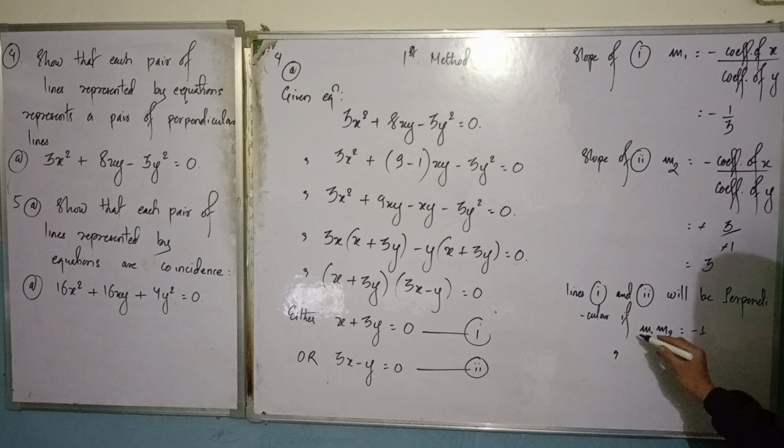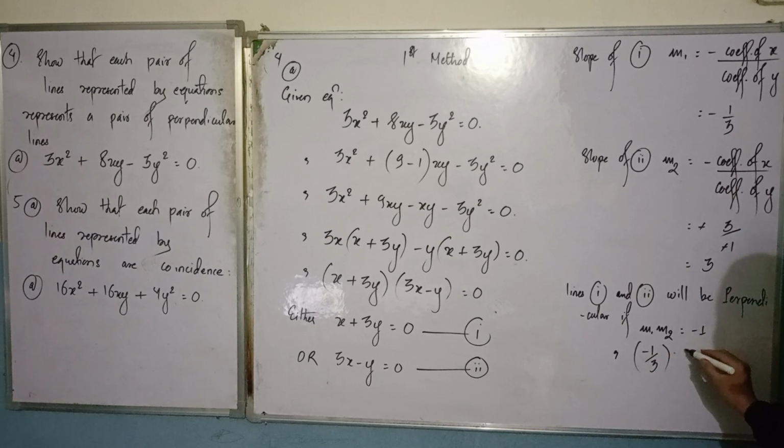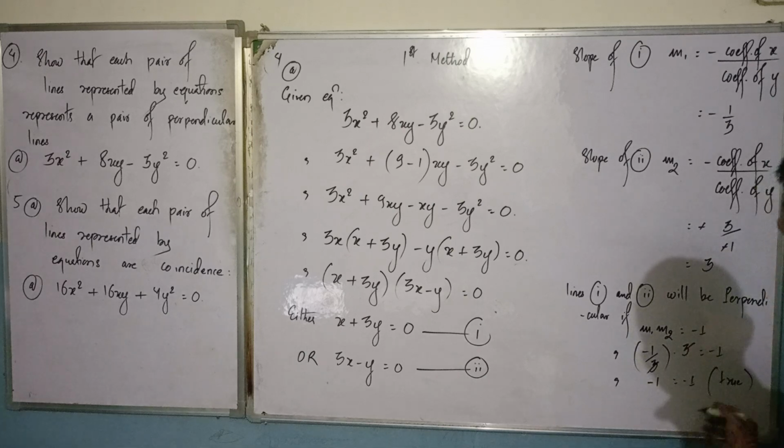So in this case, try to satisfy this condition. m1 is minus 1 by 3 and m2 is 3, so the product is minus 1. 3 and 3 cancel, the remaining is minus 1 equals minus 1, which is true, which satisfies the condition.